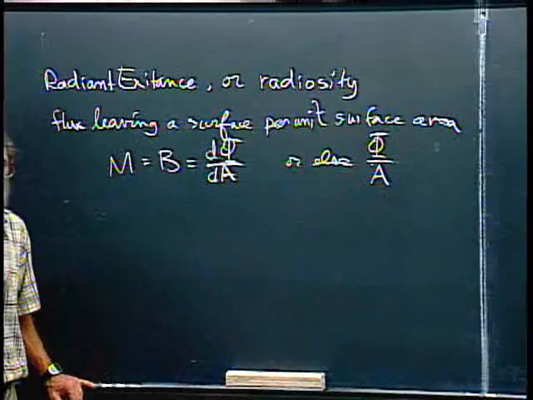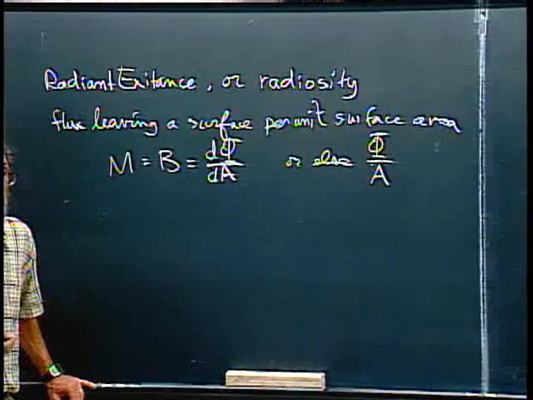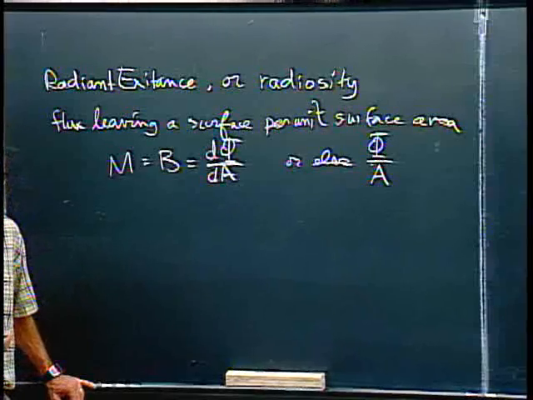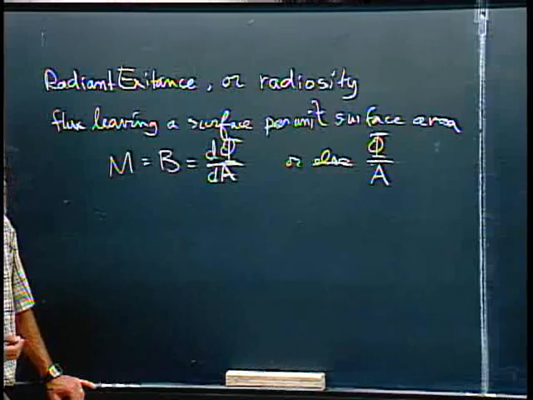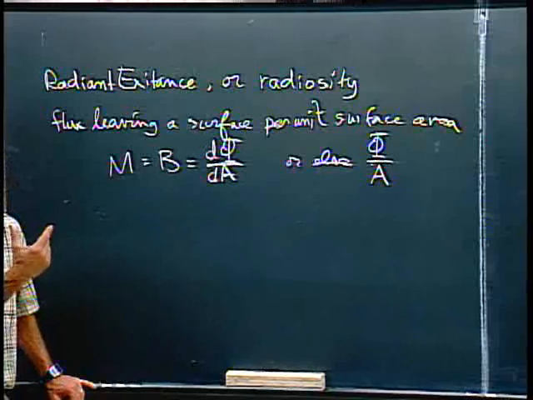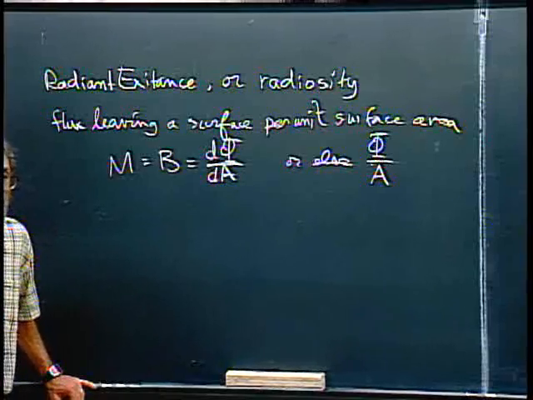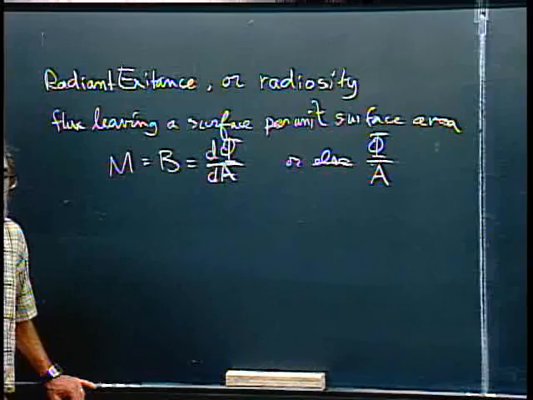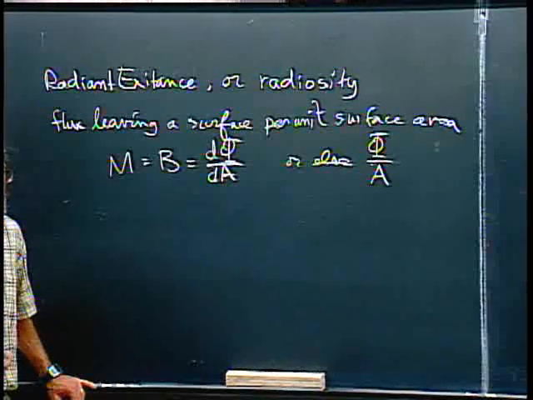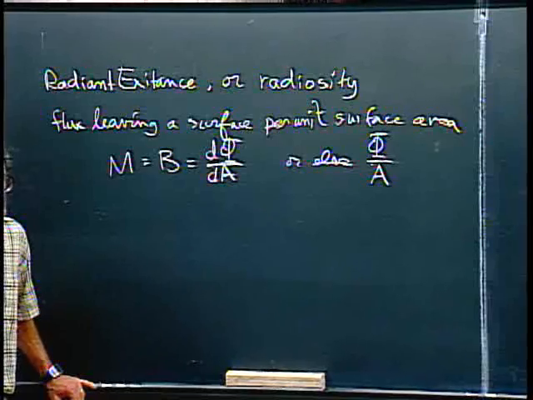Okay, now that really doesn't say how bright something appears. Because if you had the flux that was heading only in one direction, and that wasn't the direction you were looking in, the surface wouldn't appear bright. Another way to think of it is, suppose you're looking at the sun from Jupiter, and you're looking at the sun from the Earth.